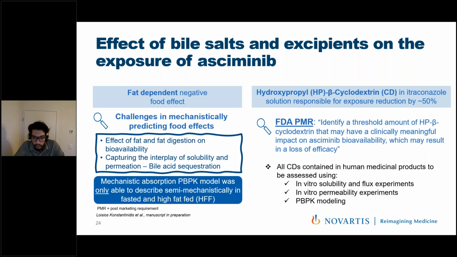To do so, we're going to use in vitro solubility and flux experiments, as well as in vitro permeability experiments, and this will be coupled with PBPK modeling to predict at which dose of the different cyclodextrins the exposure of asciminib is not affected.